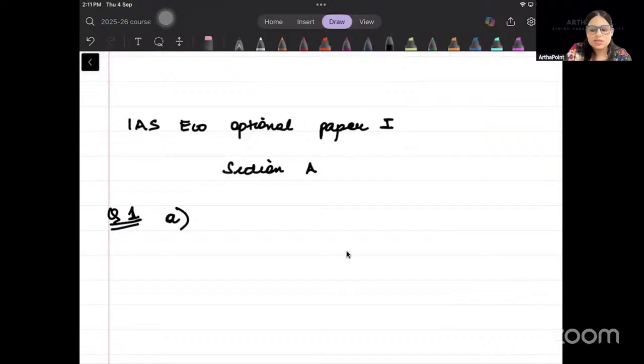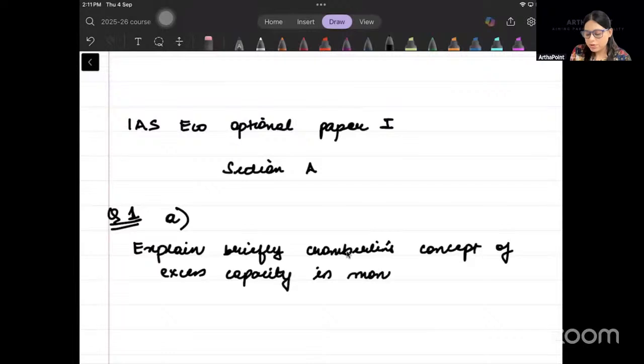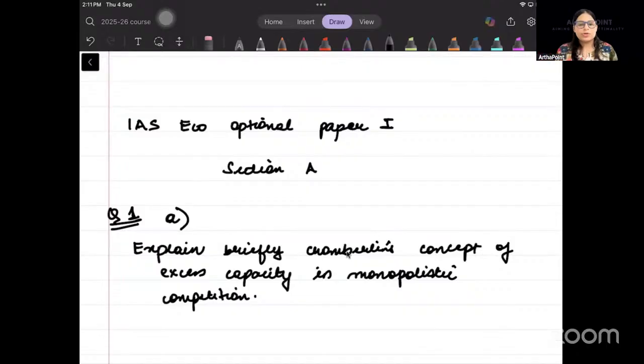The question says, explain briefly Chamberlin's concept of excess capacity in monopolistic competition.